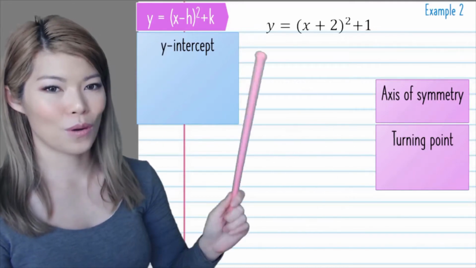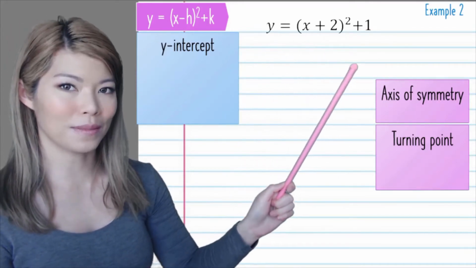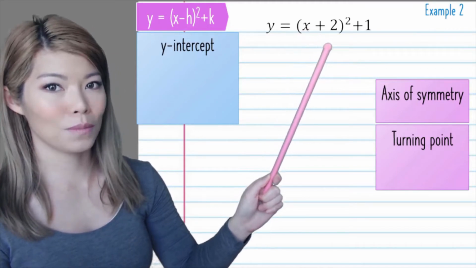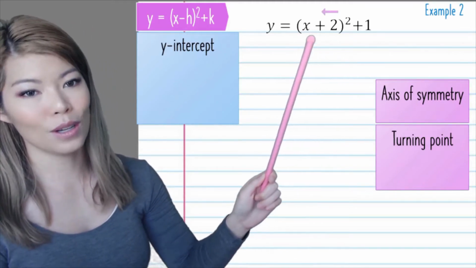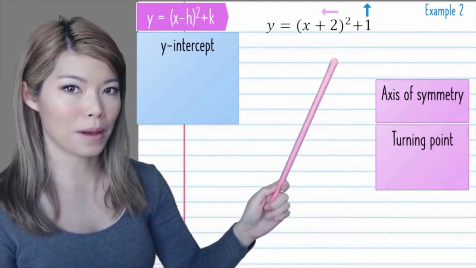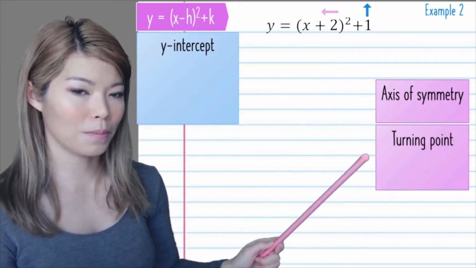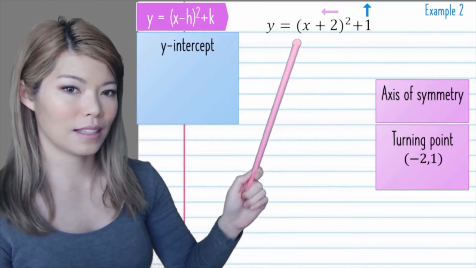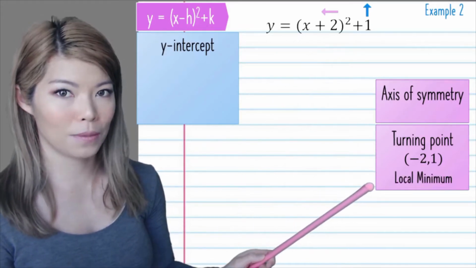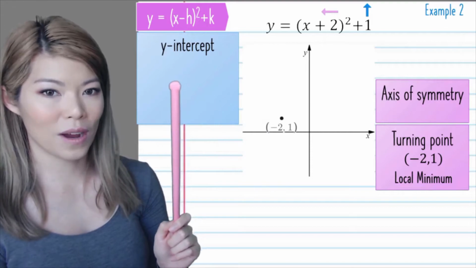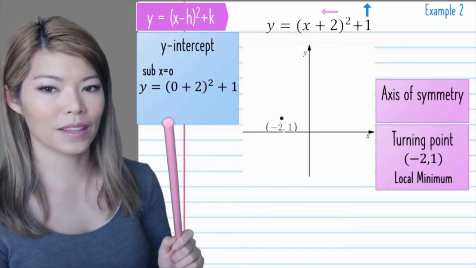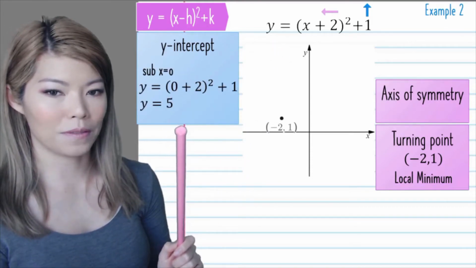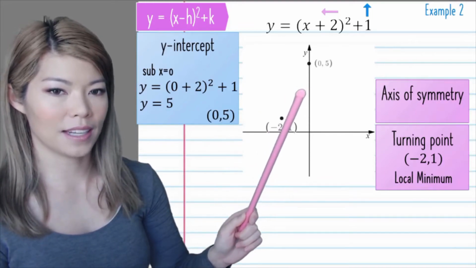Example 2, y equals (x plus 2) squared plus 1. So the x plus 2 means we're moving to the left by 2, and the plus 1 means we're moving up by 1, which means our turning point is (-2, 1). And we see that it's a positive graph, so it's a local minimum. And we can work out the y-intercept by letting x equal 0, and the y value will be 5, so we can put that into the graph as well.